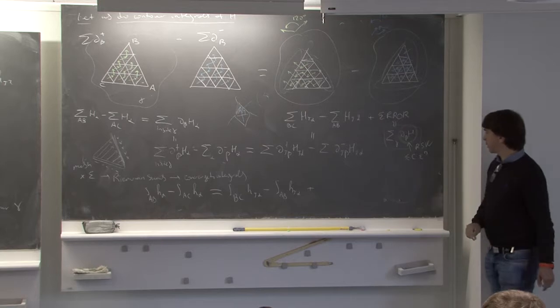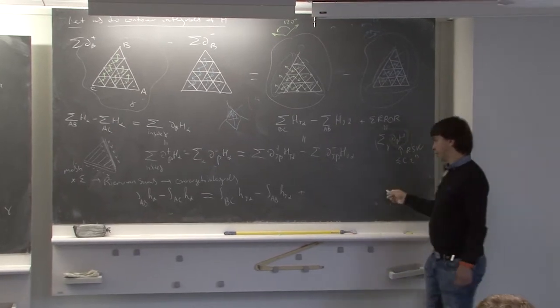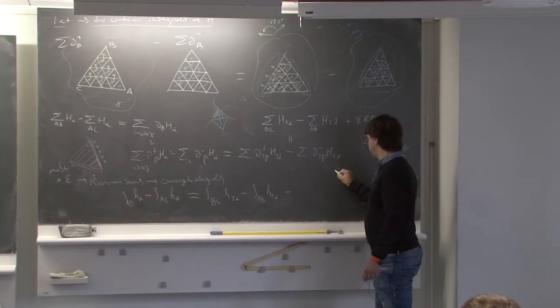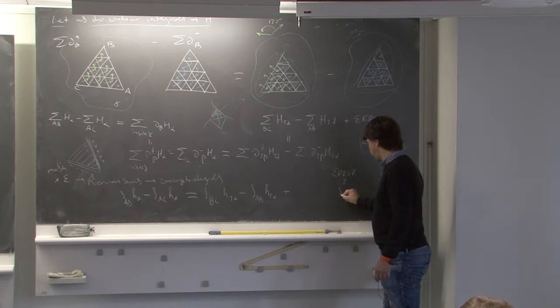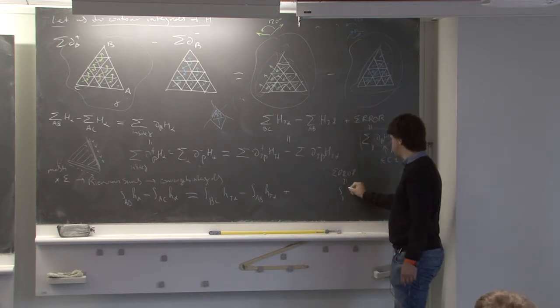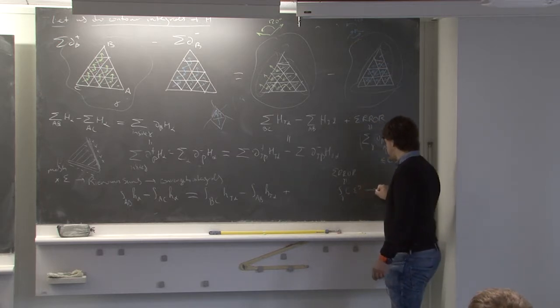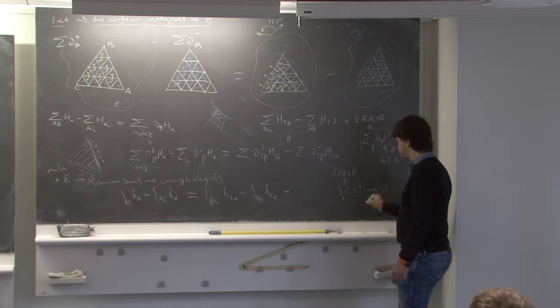And what happens with the error term? The error term is of the order of the integral over the length of our contour of C epsilon eta, which tends to 0 because epsilon tends to 0.